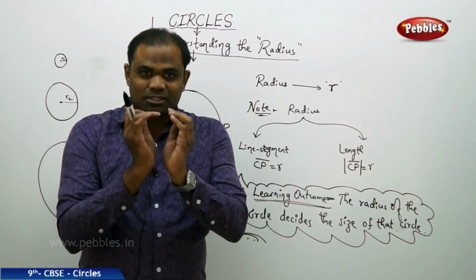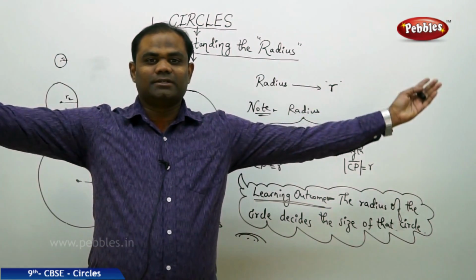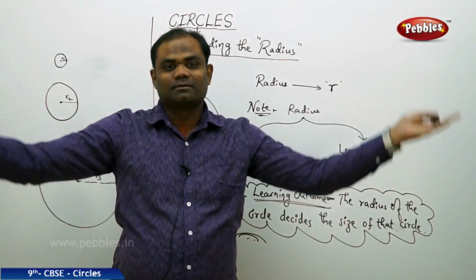Smaller the radius, smaller the circle. Bigger the radius, bigger the circle.